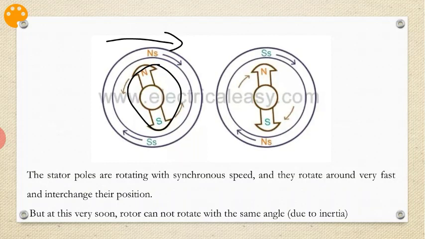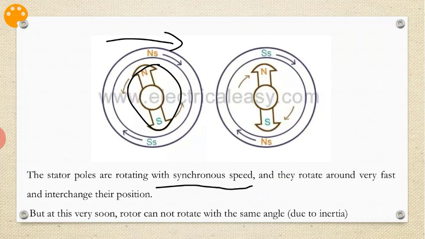So what happens is the torque fluctuates between positive and negative values, but its average value remains 0. Here the stator poles are rotating with synchronous speed.